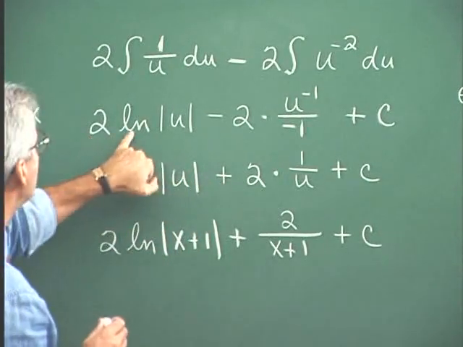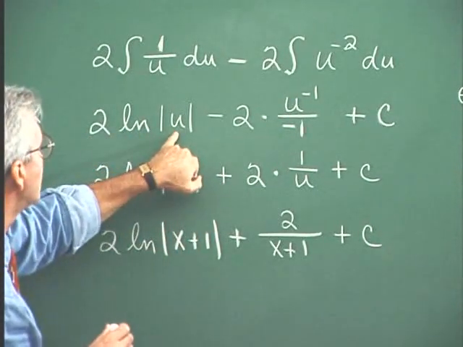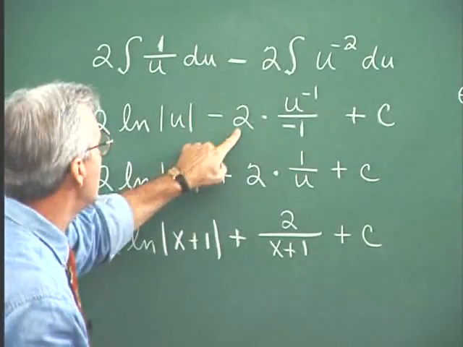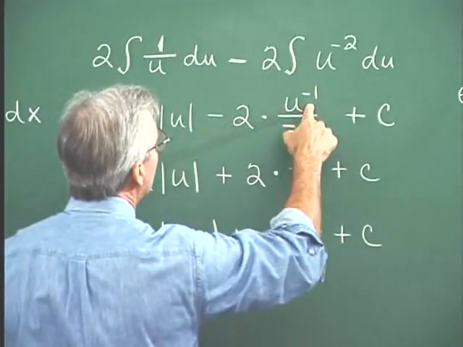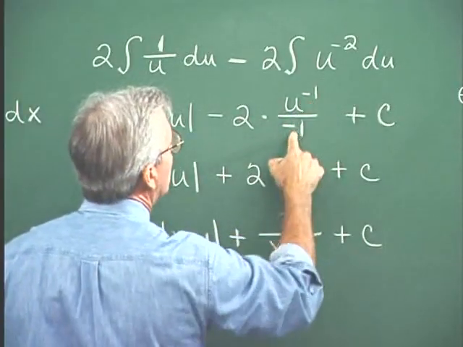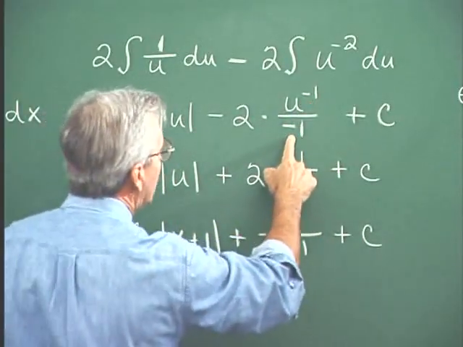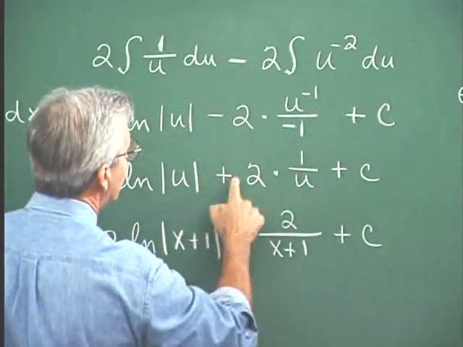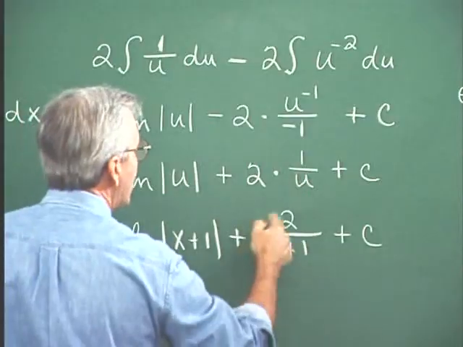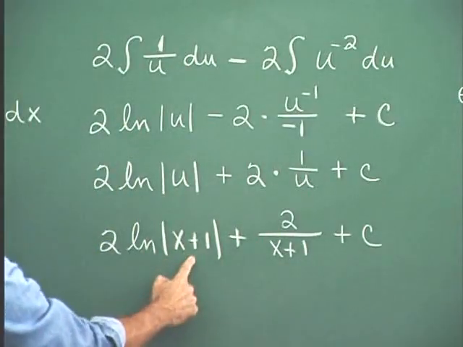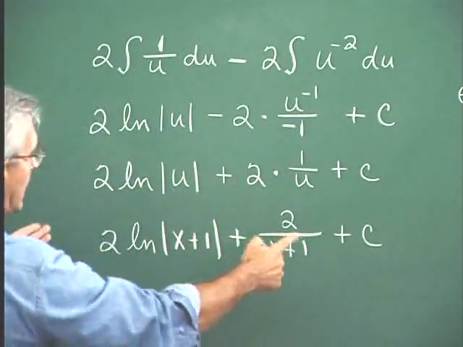So it's 2 natural log absolute value of u, and then over here minus 2 u to the negative 1 over negative 1, and we can clean this up a little bit. The negative becomes positive, and this is 2 times 1 over u, and then we just do a back substitution. U is x plus 1 in both cases, and we're done.